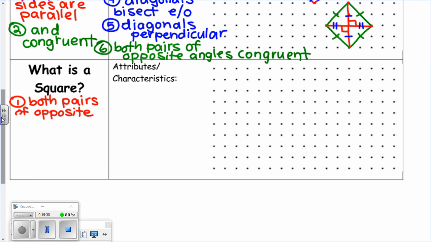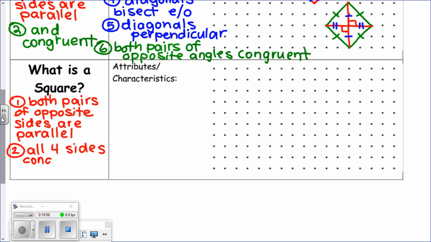Opposite sides are parallel. I also know that all 4 sides are congruent, which means that they are equal to each other. So just like the rhombus where all four sides are equal.